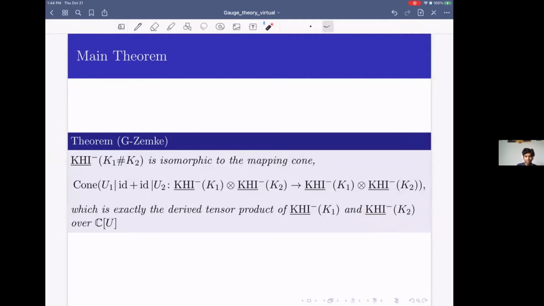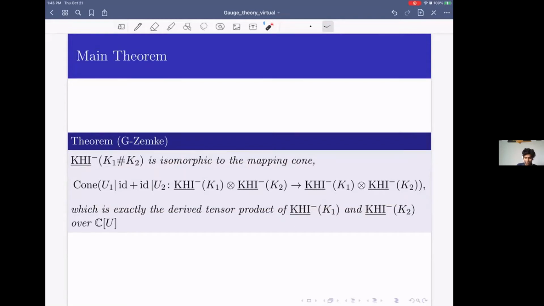When you are working with free groups, the Tor vanishes, but these knot Floer homology groups are not free. So the Tor is always there. And Tor is also the derived functor for tensor, so I guess this is just an equivalent way of formulating the connected sum formula.